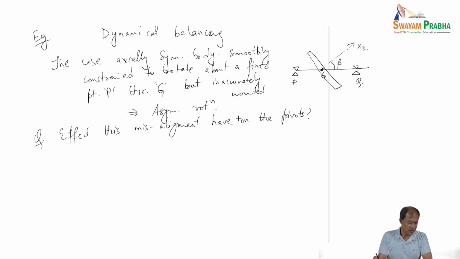So let us see what happens. Let us say that Gx3 is the symmetry axis, Gx2 is perpendicular to PQ, and Gx1 is along the body.